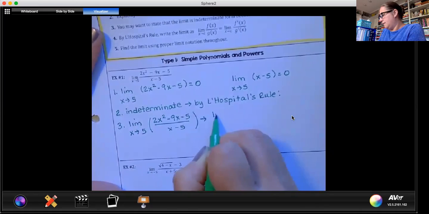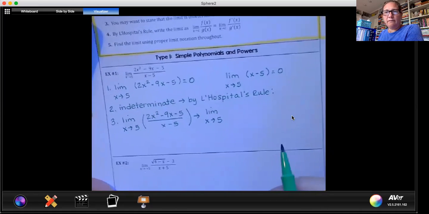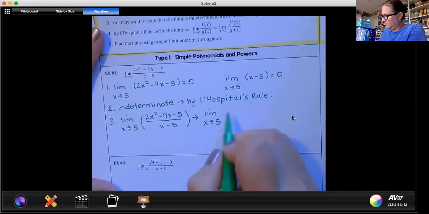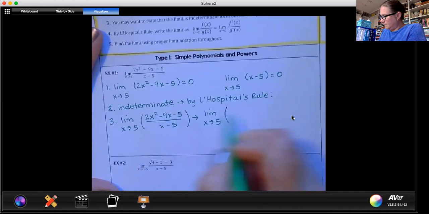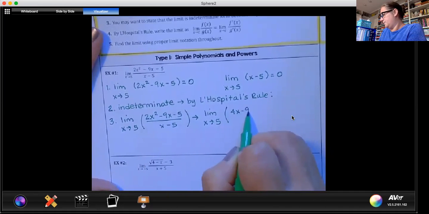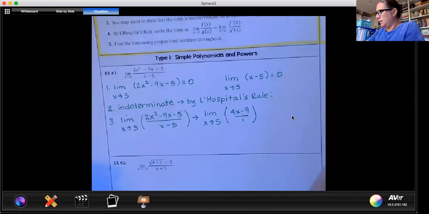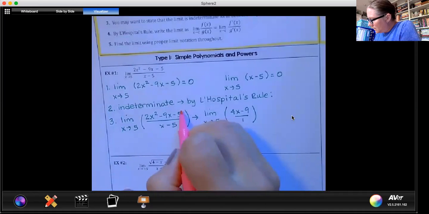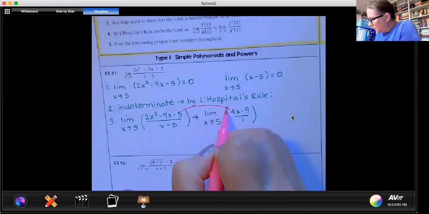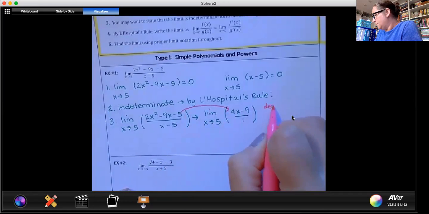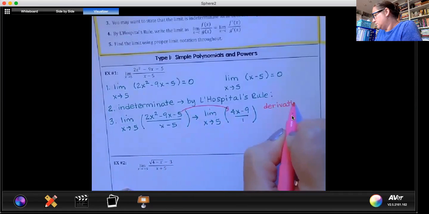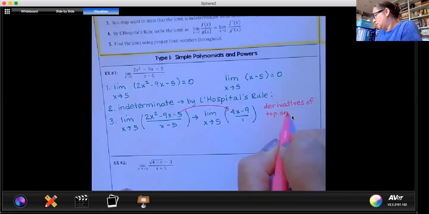Now we do the limit as x approaches 5 of the original function, and we make that the limit as x approaches 5 of the derivative of the top and the bottom individually. So 4x minus 9 over 1. We'll make a note of that: to go from here to here, you take the derivatives of the top and bottom individually.